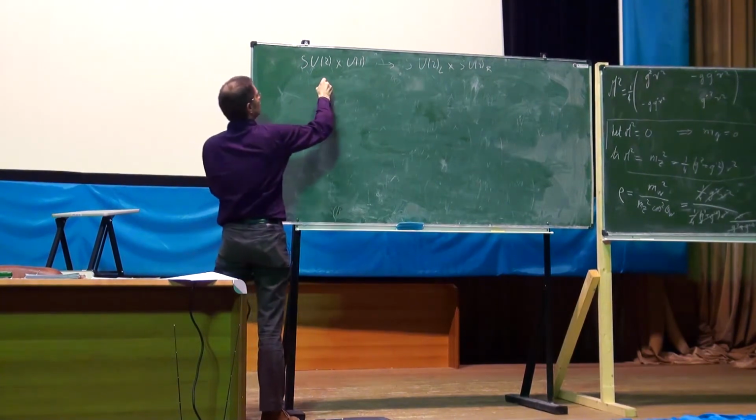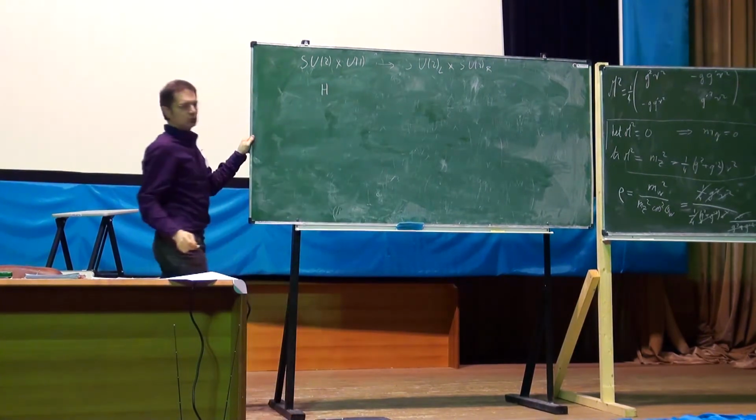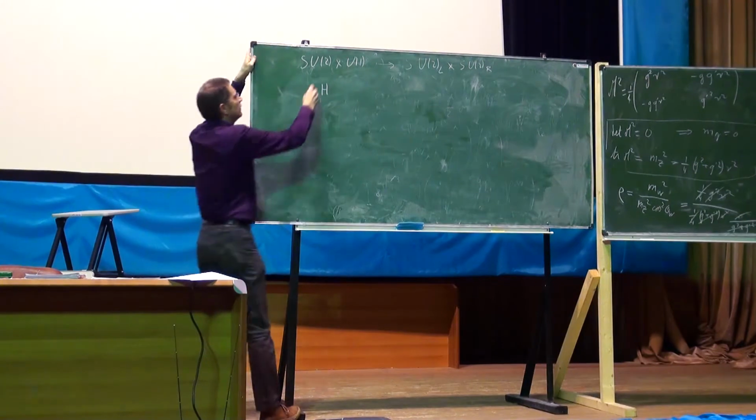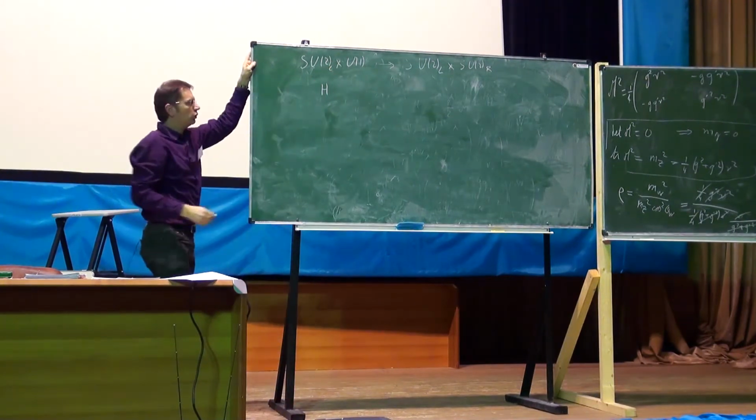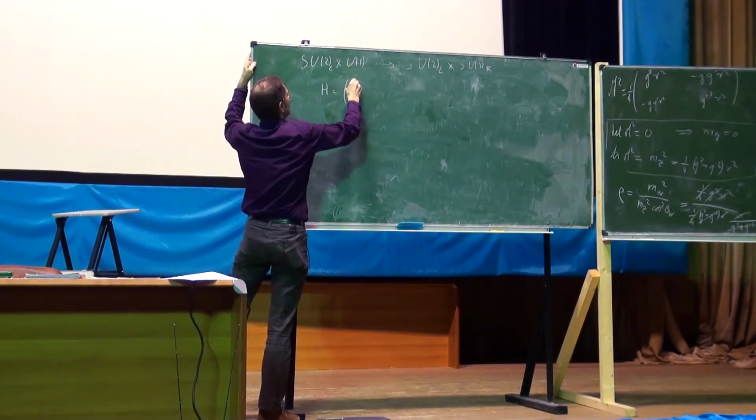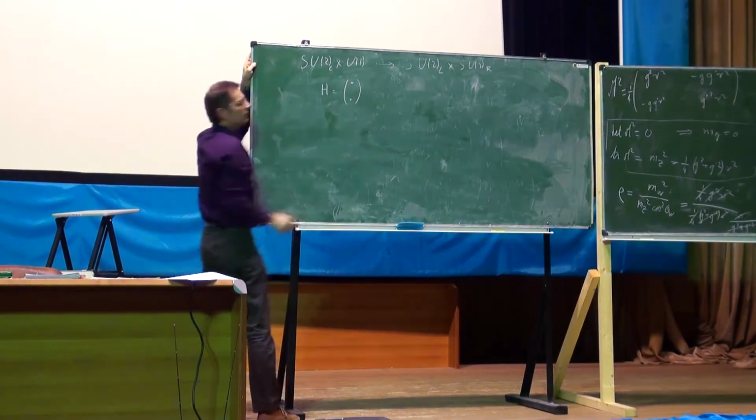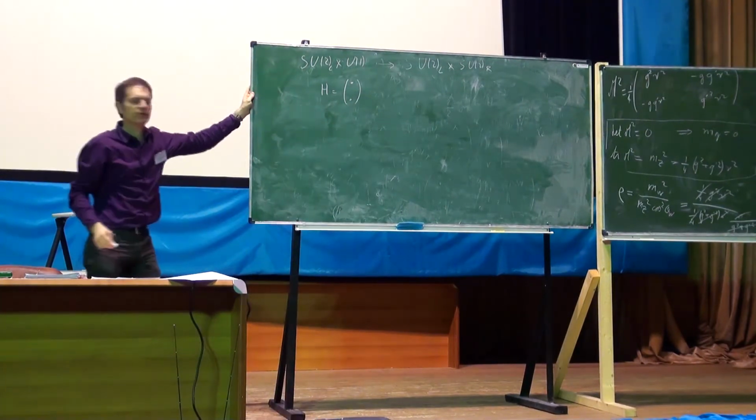I started with a Higgs field, which is a doublet under SU2, so a doublet under this SU2 left symmetry. It's a complex doublet, so it means that there are 4 real scalar fields.